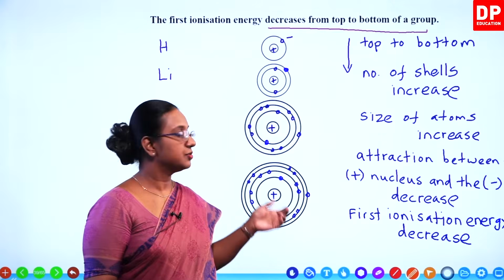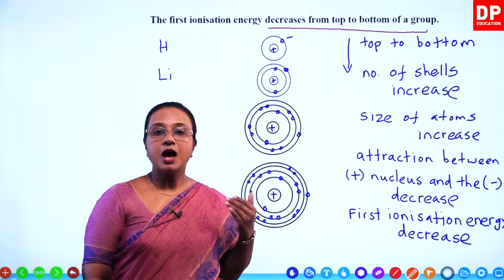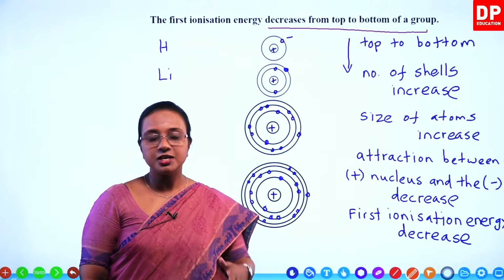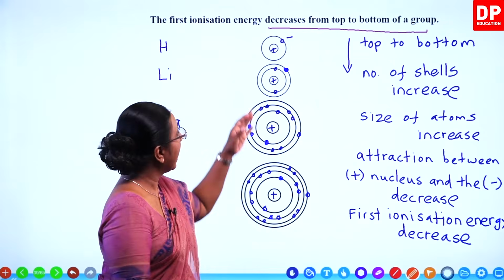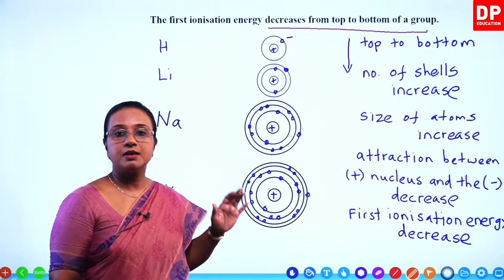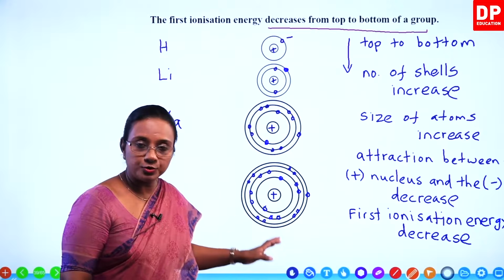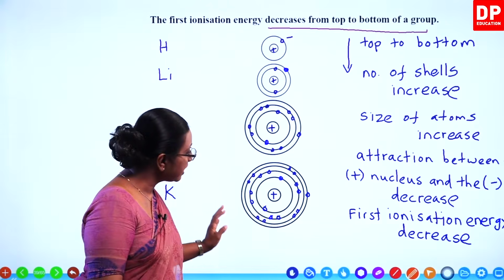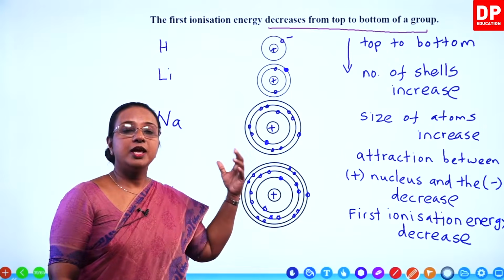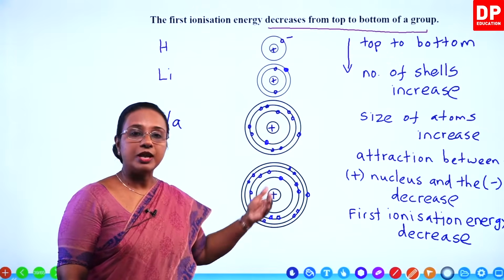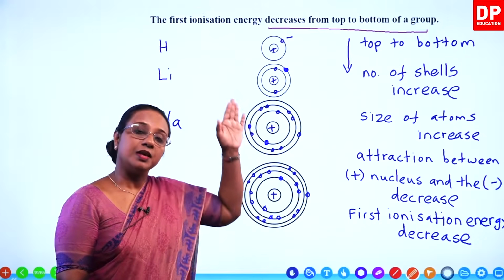So students, so far we have discussed how the first ionization energy changes along a period from left to right and how it decreases down the group from top to bottom. It's the same concept for all the groups. If you take group 3, boron and aluminium, the same.